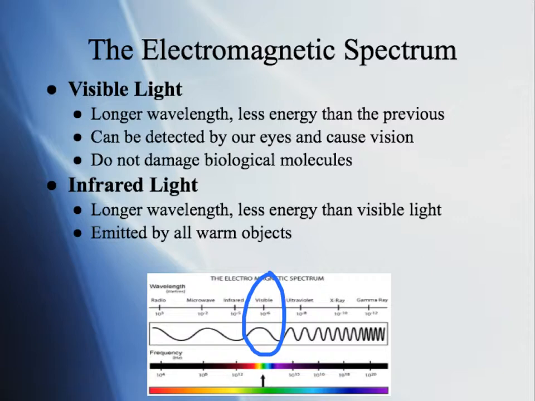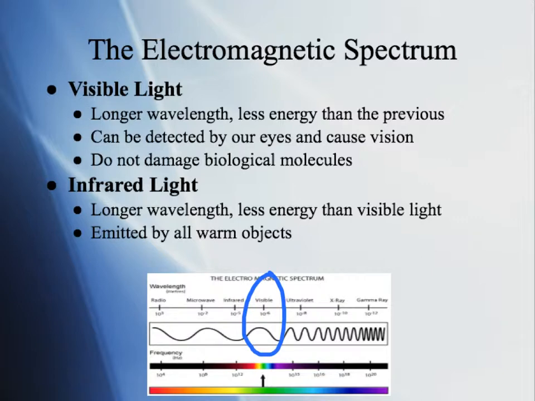All the different colors, everything that we see, is because the electromagnetic radiation is picked up by sensor cells in our eyes, and it uses it to make images of the world around us. Visible light does not cause damage to biological molecules, which is good. Otherwise, I'm not sure how long life would be, since light is all around us and our eyes use it. We'll talk more about visible light in a few minutes.